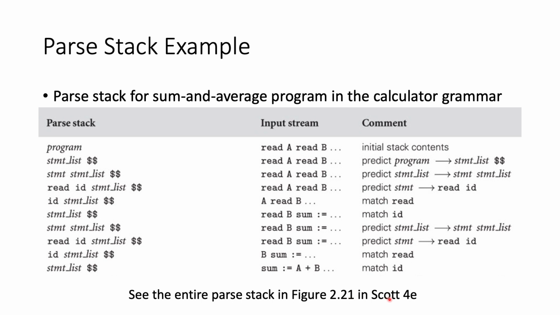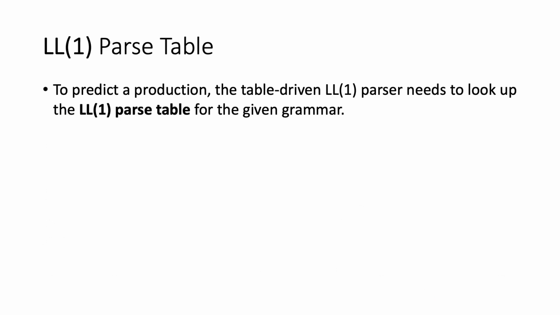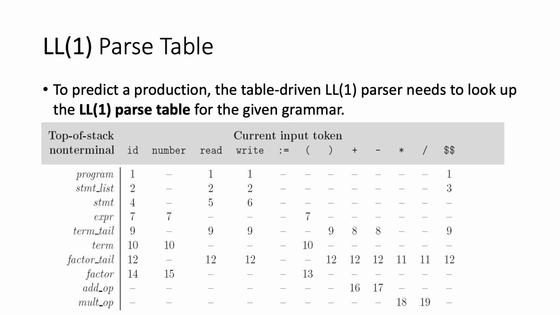2.21 in our textbook. To predict a production, the table-driven LL1 parser needs to look up the LL1 parse table for the given grammar. The LL1 parse table is a two-dimensional table that tells which production to predict based on the top-of-stack non-terminal symbol and the current input token.